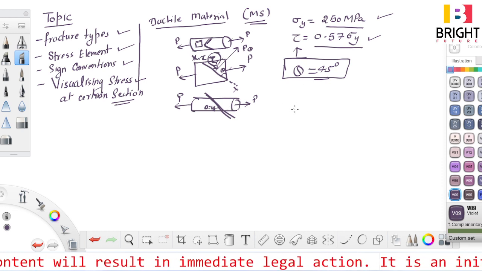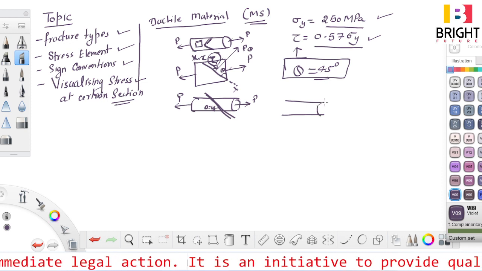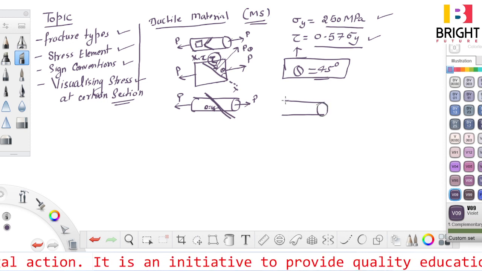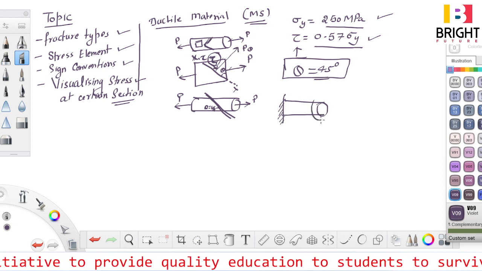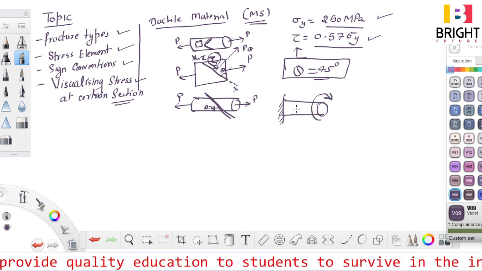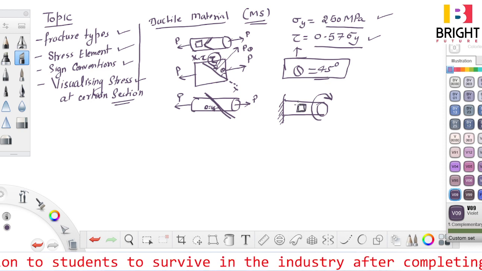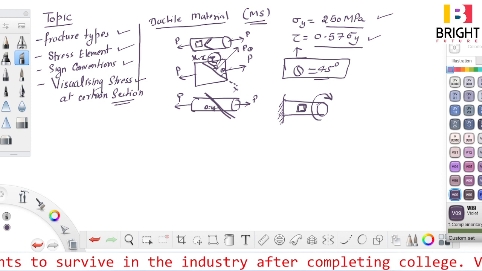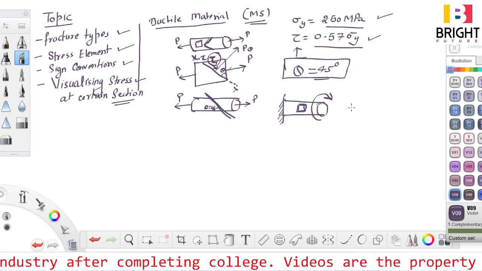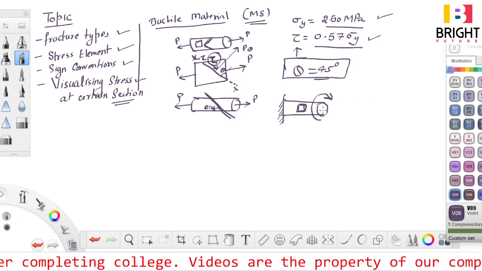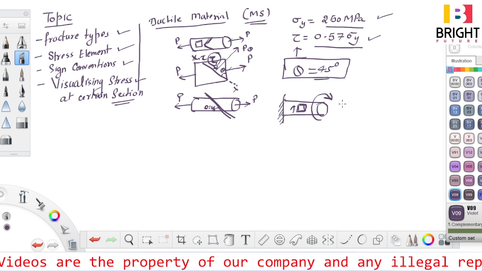However, if this is a rod, a shaft or something like this, I fix it from one end. Now I apply the torque over there, and I draw the stress element over there. If you see this now, what will happen? Now the case is a little bit tricky. Now the plane of maximum shear stress is like this, right?